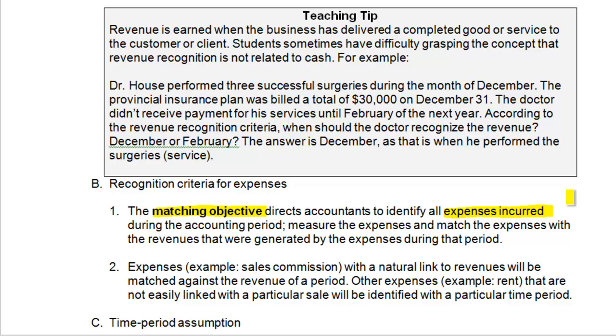So they should be matched up with the revenues. If we're reporting revenues being earned in a certain point in time, then the expenses that were incurred to earn those revenues should also be reported during that period.